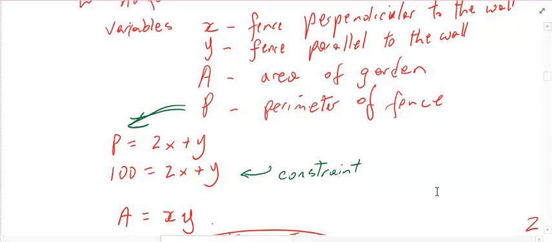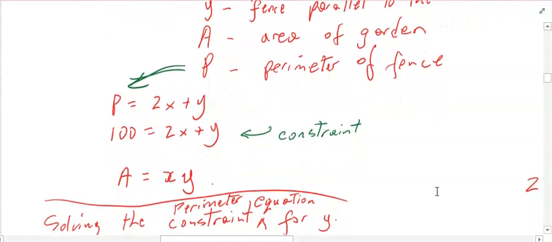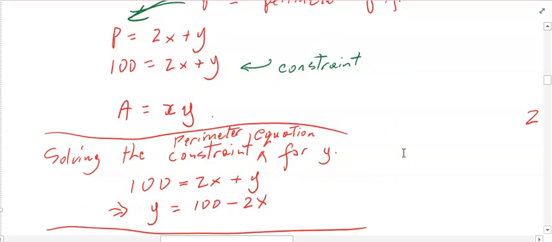So then we want to express this area in terms of one variable only. So we go back to our 100 equals 2x plus y and solve that equation for y. And y will be equal to 100 minus 2x.